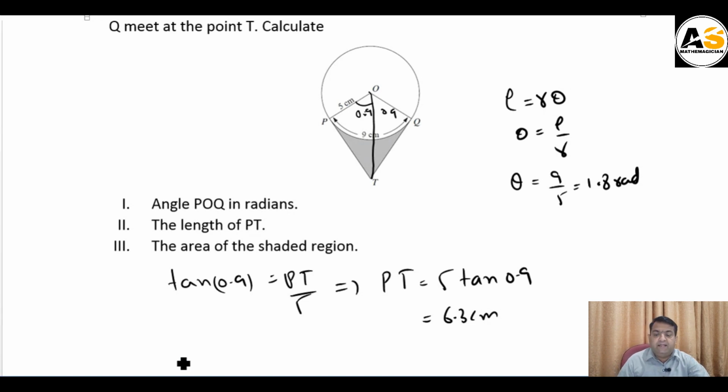Now we have to find the area of shaded region. Area of shaded region will be area of this quadrilateral minus area of this sector. And area of the quadrilateral will be twice the area of this triangle. We know the triangle's base and height, 5, and this is 6.3. So area of triangle OPT is equal to 5 multiplied by 6.3 over 2.